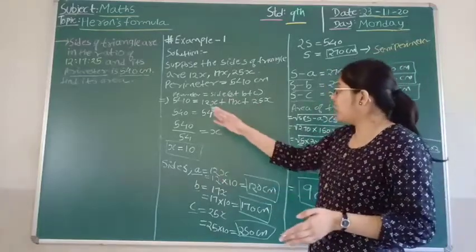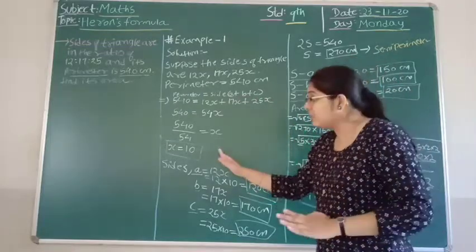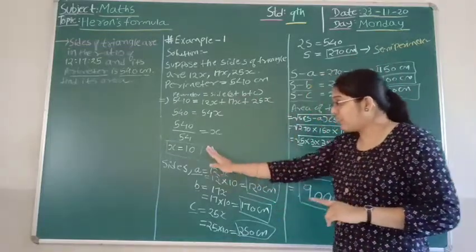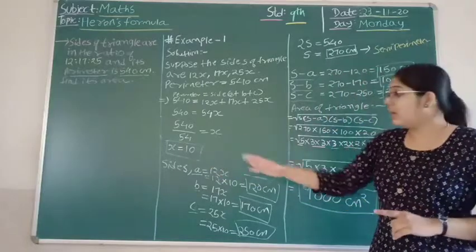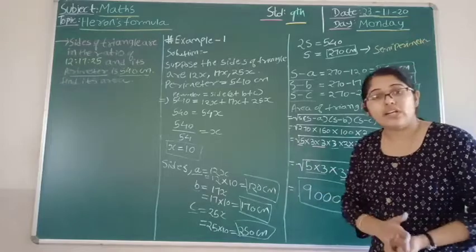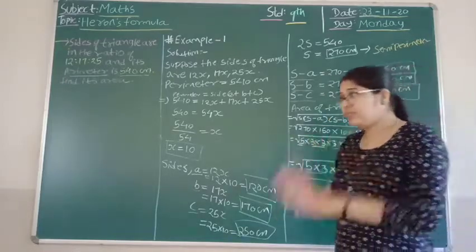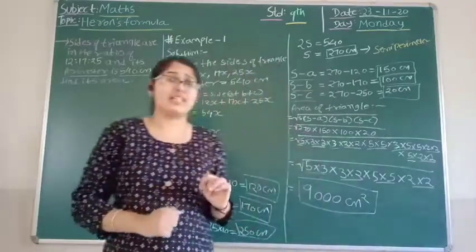It is 540 as the addition of all the sides. After solving, I am getting the value of x as 10. Putting this value of 10 for x in all of the sides, I am getting a as 120, b as 170, and c as 250.